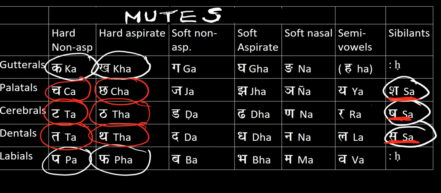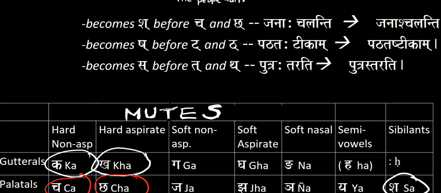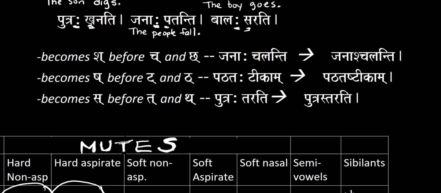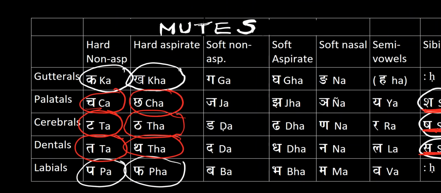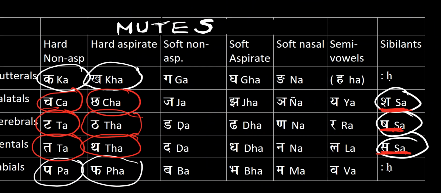The sibilant for the dentals is sa. So when it is followed by the respective hard consonant, it turns into the sibilant of that same category that letter originally came from. Now let's take a look at the examples here. I hope that pattern is understandable.